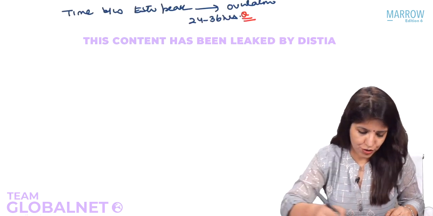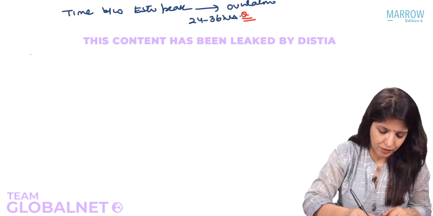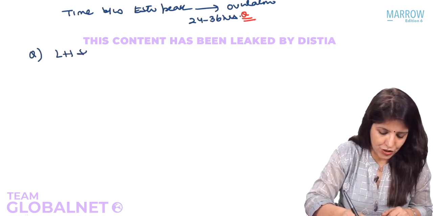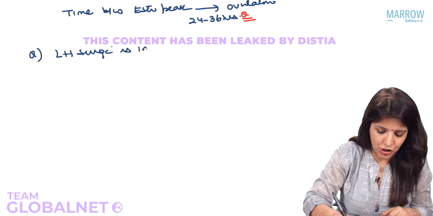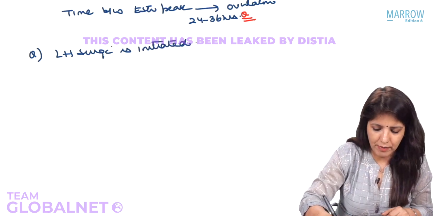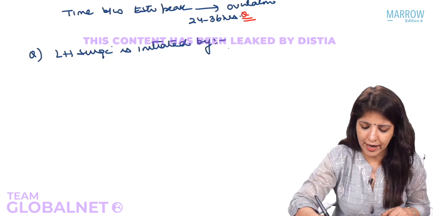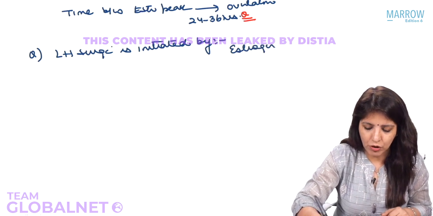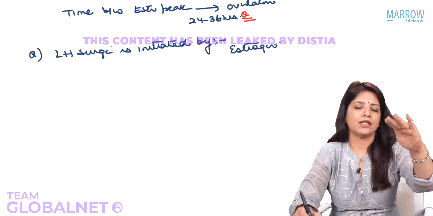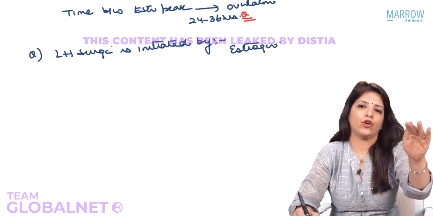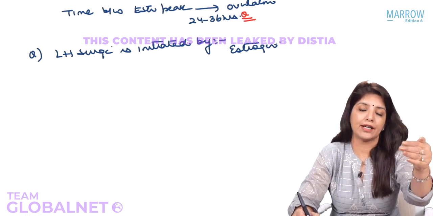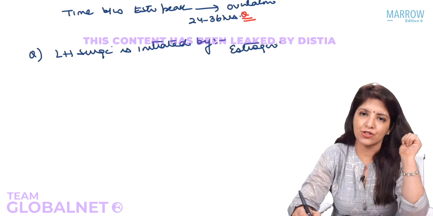If I ask you this question that LH surge is initiated by, you will say, ma'am, LH surge was initiated by estrogen. Because when estrogen levels increased and they reached 200 picograms for 48 hours, then it led to LH surge.